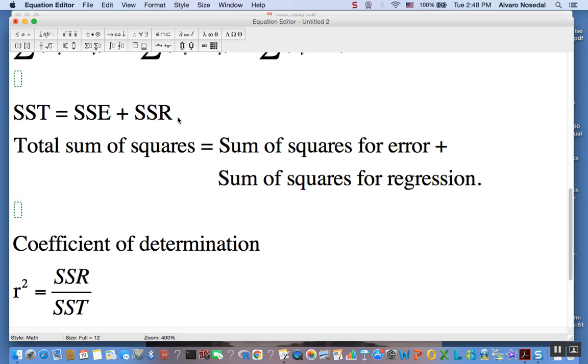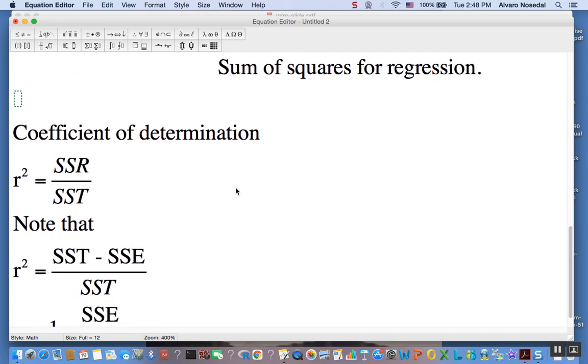Now note something. Since SST equals SSE plus SSR, the total sum of squares equals sum of squares for error plus sum of squares for the regression. If we solved for SSR, we would have SST minus SSE.